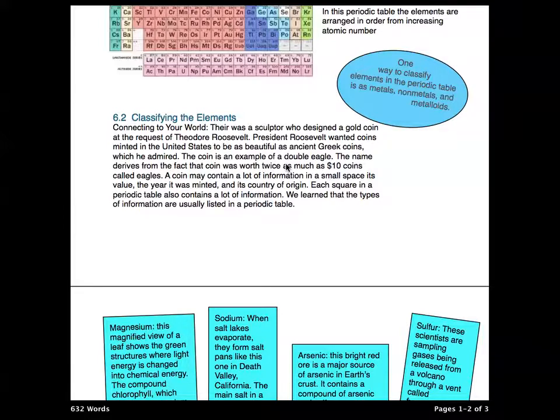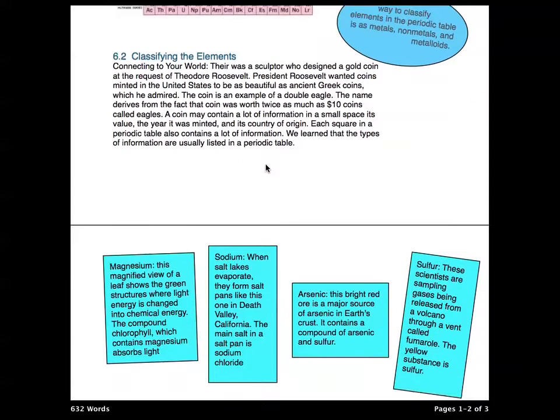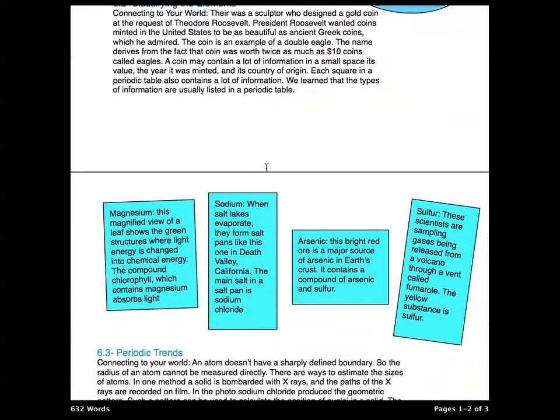And I like using the connecting to your world because it helps me know logic and connect to make me understand them better. So here are some examples like magnesium, sodium, arsenic, and sulfur. Those are different squares in the periodic table that you find, and this tells the information and the compounds, and it's just really helpful to know more information about the periodic table and what is in them.